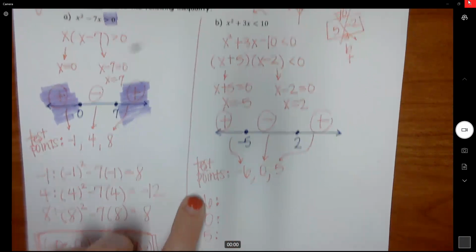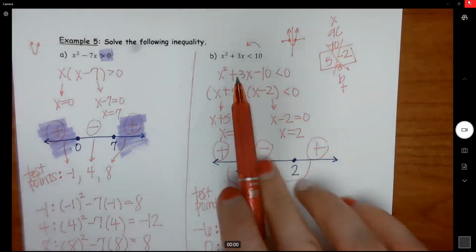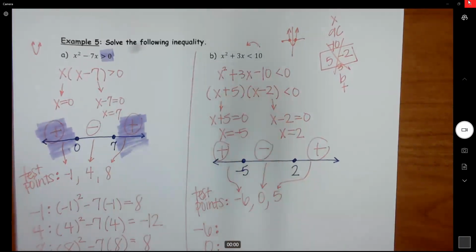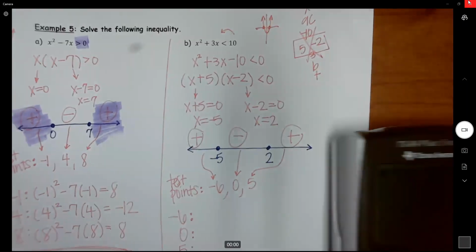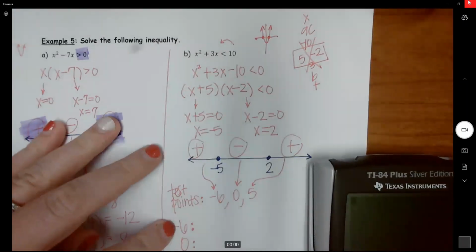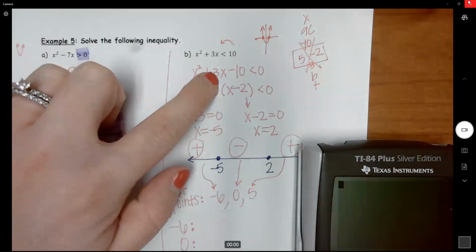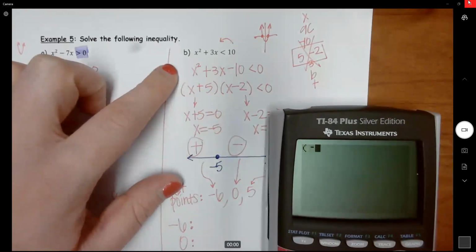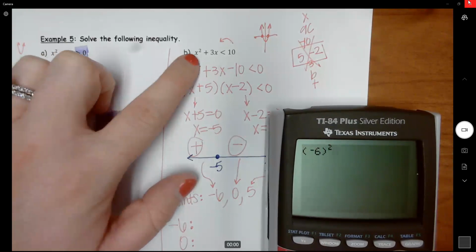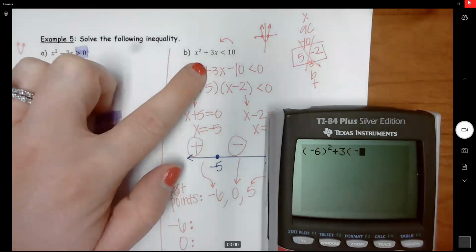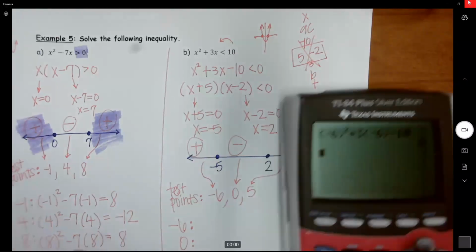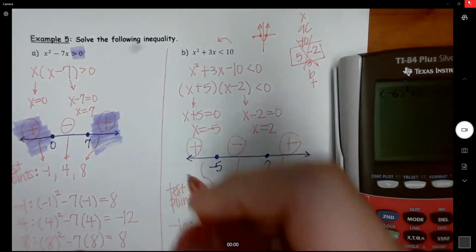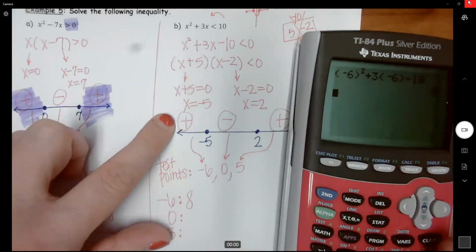But let's get practice at plugging this in, and I'm going to plug this into this portion here. Okay, so -6, I'm going to plug that in for both of my x's. So I've got -6 squared plus 3 times -6 minus 10. We get positive 8, which is what we said.